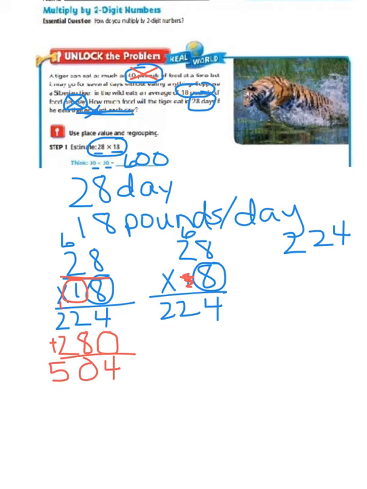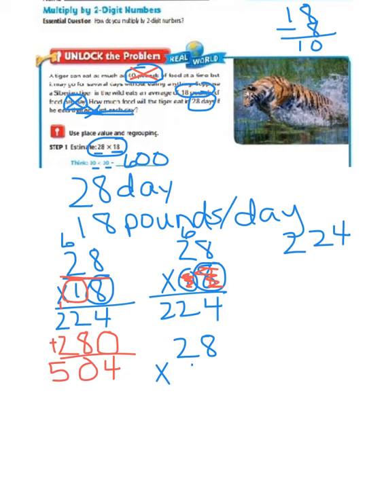Now, since we got rid of our tens, now we're going to have to multiply by our tens, but now we're going to get rid of our 1. So we're going to have 28 times, and when we have 18 minus 8 ones, that's going to leave us with 10.